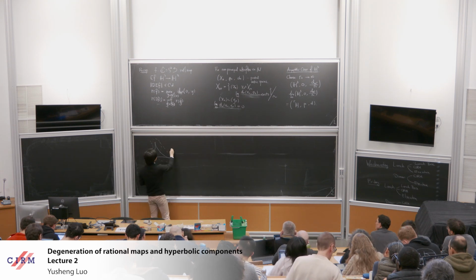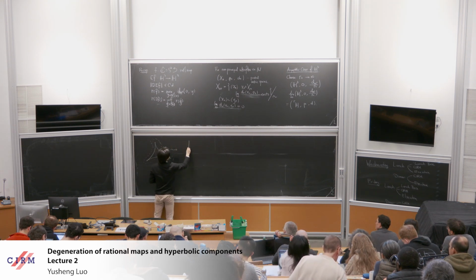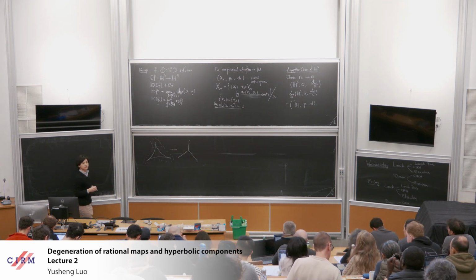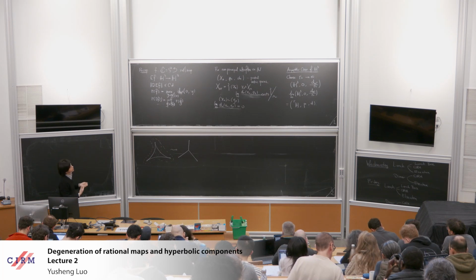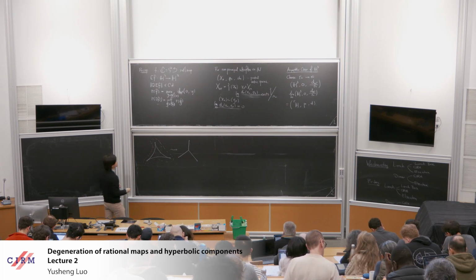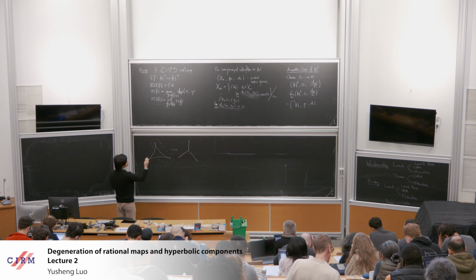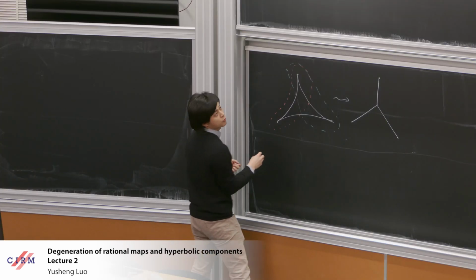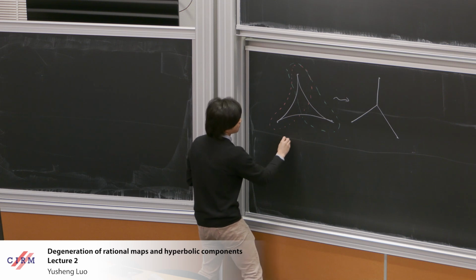So what happens is that these triangles are going to degenerate to something like a tripod in the limit. Right? And this is a well-known fact that this ultralimit, or this asymptotic cone of H3, is going to be some R-tree.